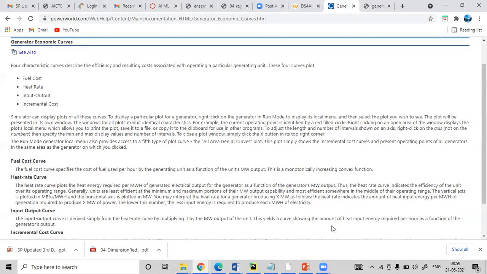This yields a curve showing the amount of heat input energy required per hour as a function of the generator output. How much heat energy is required to generate the generator output, right?